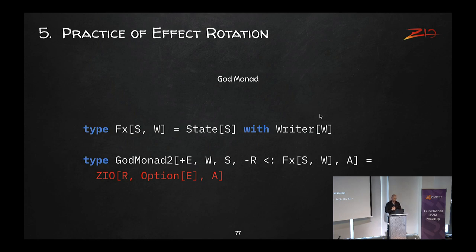The important part of this is this here. Notice how we're using a ZIO effect here. This is just a type alias, but this ZIO effect here has R and then E and then A, just like always. Using those 3 type parameters, we can have error, we can have writer, we can have state, and we can have, obviously, success, and we can use that R to carry around lots of other things.